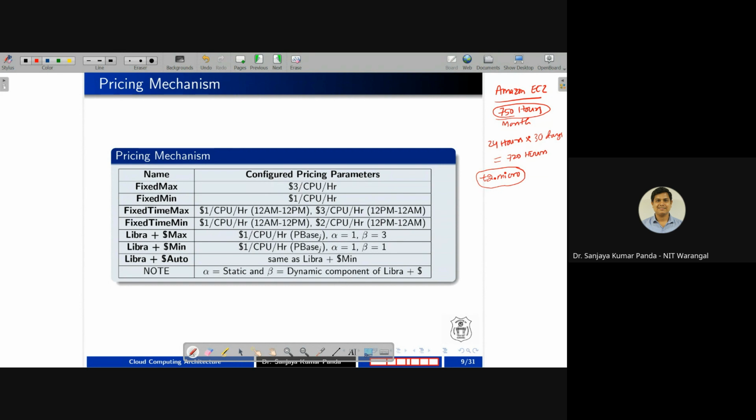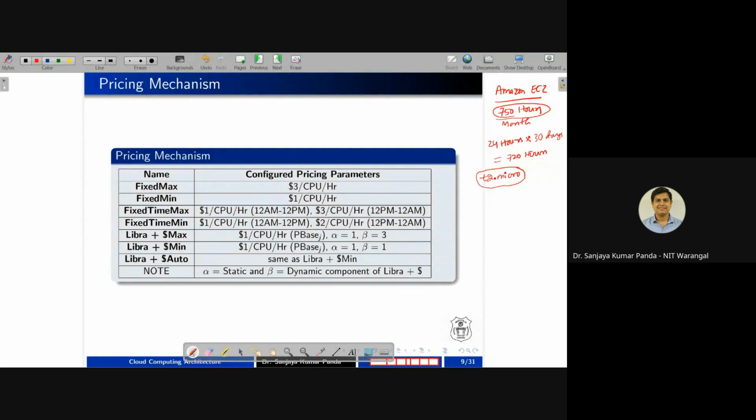So 24 into 30 in a particular month, then you are reaching 720 hours. But the free resources are given 750 hours. You will never exceed the limit. But this is for only one CPU.